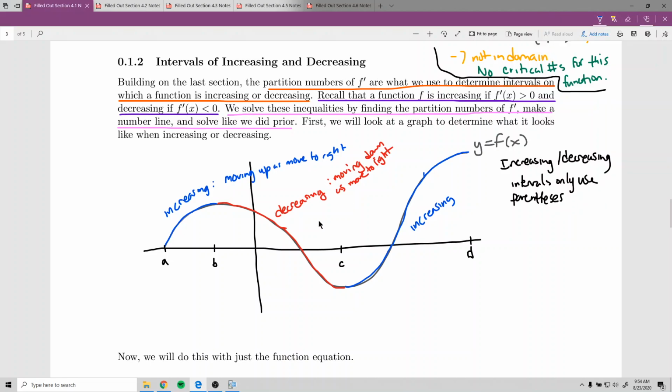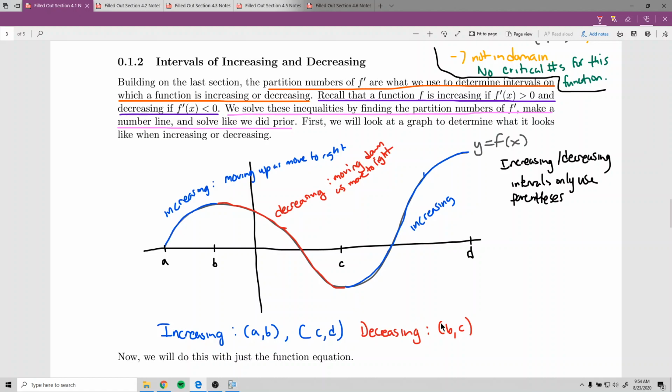But just to kind of elaborate on this example, if we wanted to write the intervals where it's increasing, it would be parentheses from A to B, and then comma or union, whatever the homework says to use, and then from C to D, but all parentheses. And then it's decreasing from B to C. Once again, both with parentheses.